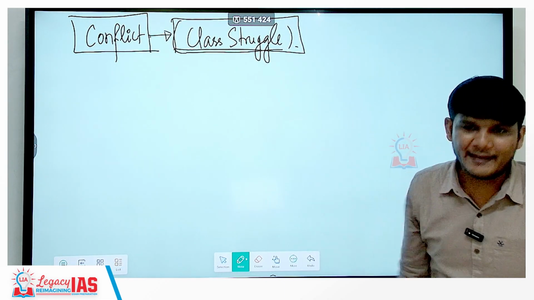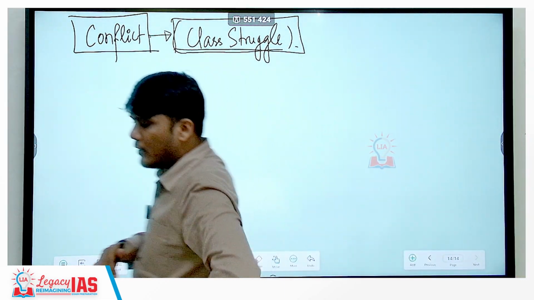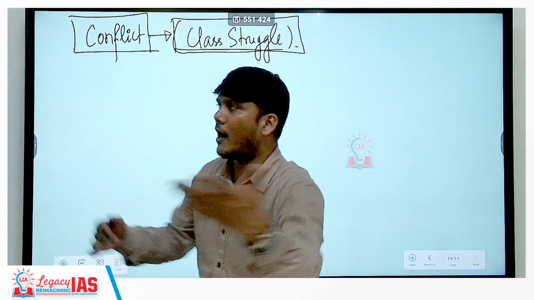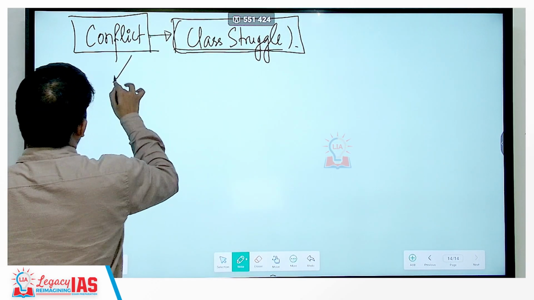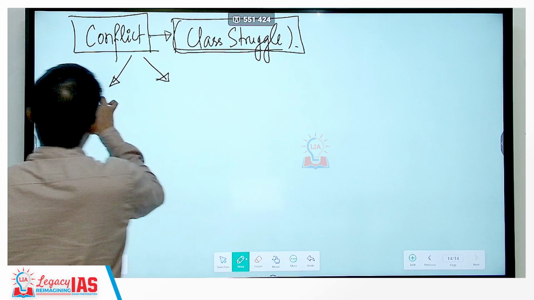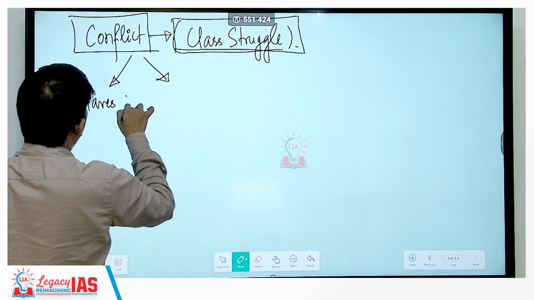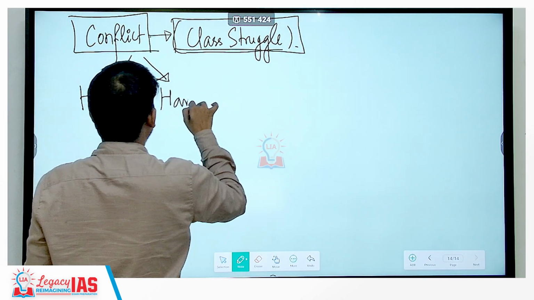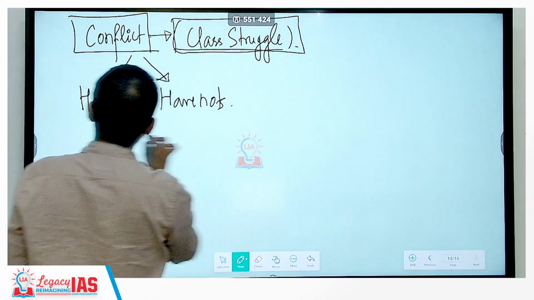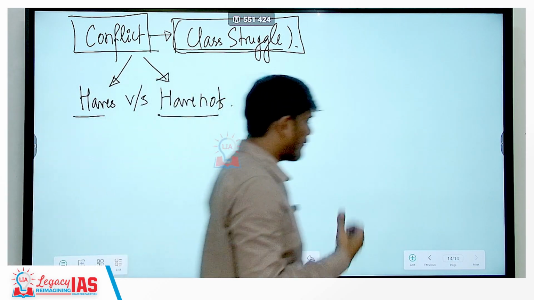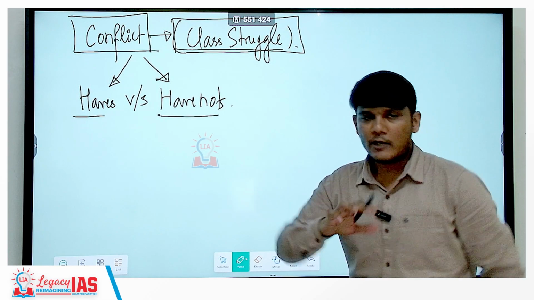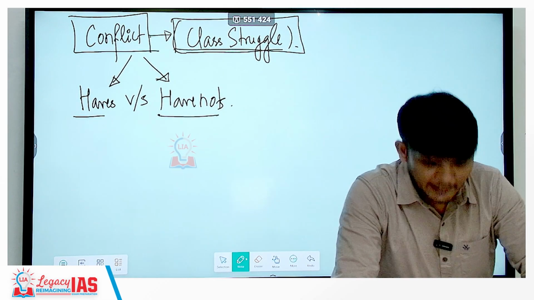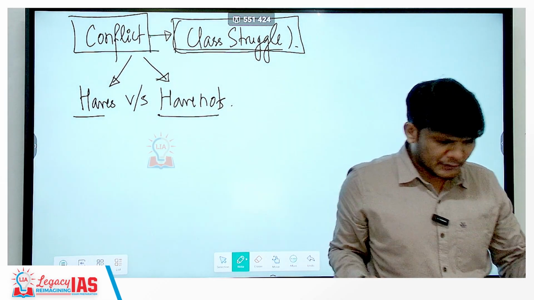Now, when this conflict happens, this is not between two equals, this is between two unequal classes. The haves versus the have-nots. So when it is the haves versus the have-nots, what will happen? When there is a conflict, at times it can so happen that it is very equal.